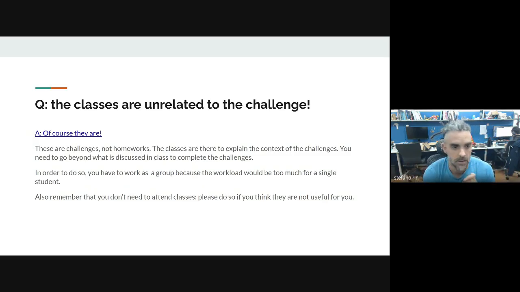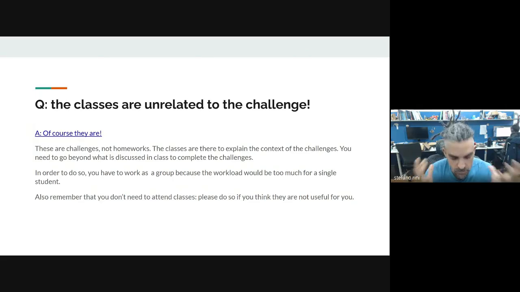First of all, you are expected to go and look for this information for yourself. This is part of the class pedagogy: to work independently. But also the amount of work should be such that you have to separate the work across multiple people, so that you are a team.